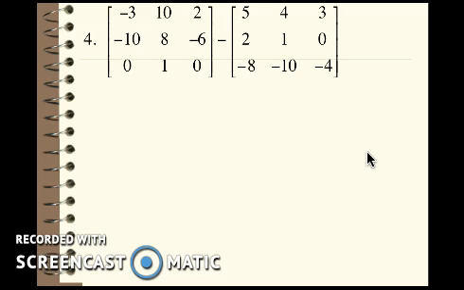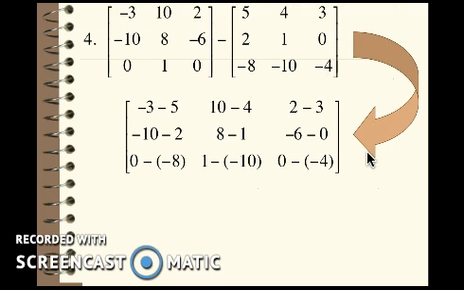And next example, similarly, we're going to go negative 3 take 5, 10 take 4, 2 take 3, negative 10 take 2, 8 take 1, negative 6 take 0, 0 take 8, 1 take 10, or negative 10, and 0 take negative 4.